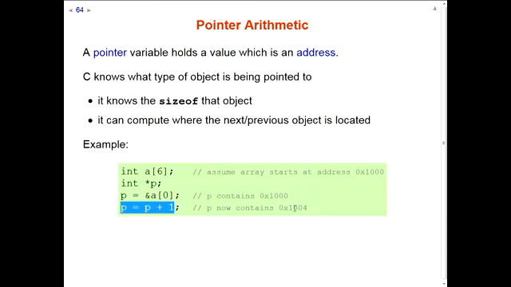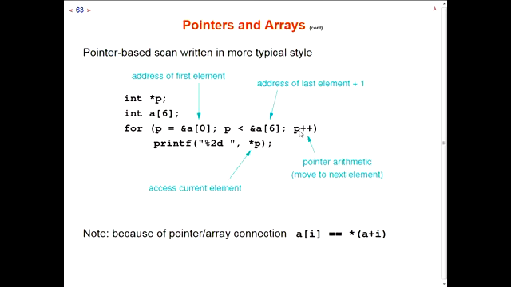It means the resulting address is 1004, where the next integer would be found. And this then makes it possible to do a loop like this, where when you say P plus plus, it will actually mean P plus 4 bytes in case P is a pointer to an integer.